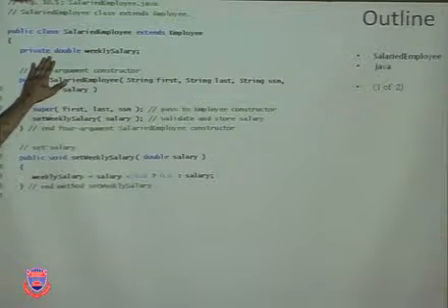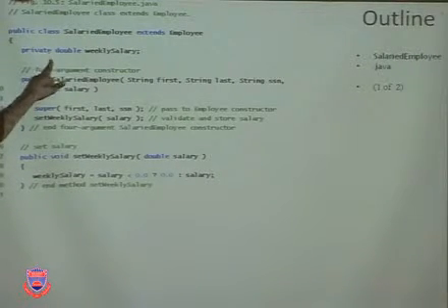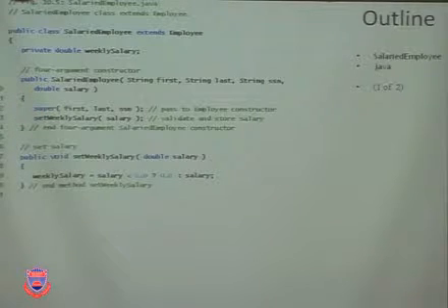In the previous example, if you remember, we defined these instance variables as protected. However, here we're using them as private. And one other reason is because you already implement get salary and set salary methods anyway. So you don't need to enable access to these private variables.